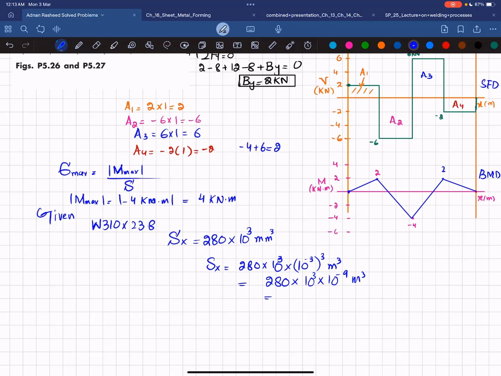And at the end, it will be 280 into 10 to the power minus 6 cubic meter. Now you have both the values, just use this formula: maximum bending stress is equal to maximum bending moment, which is 4 kilonewtons, so 4 into 10 to the power 3 Newton meter, divided by Sx, which is 280 into 10 to the power minus 6 cubic meter.